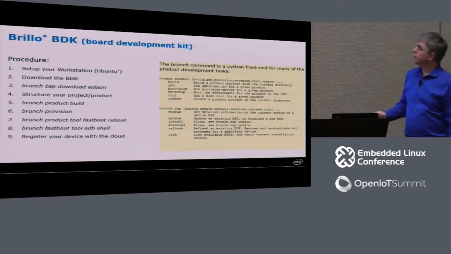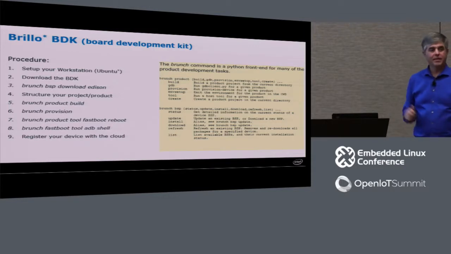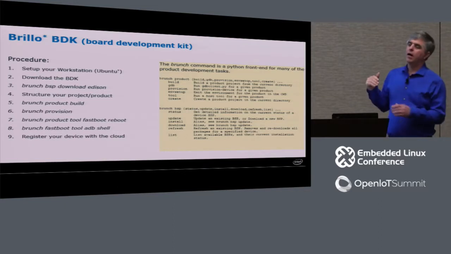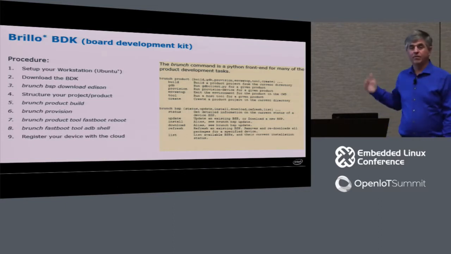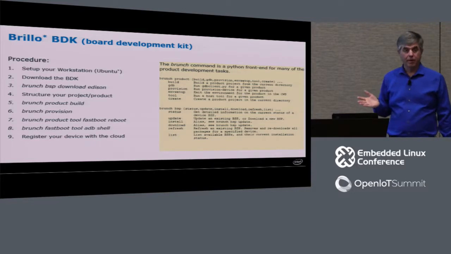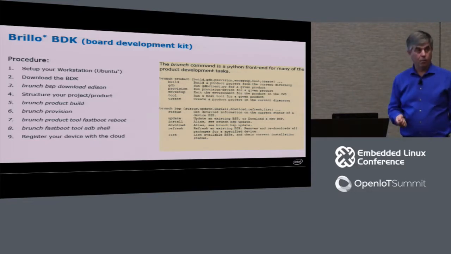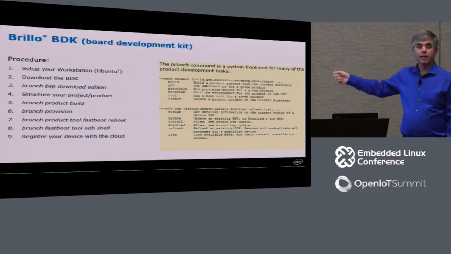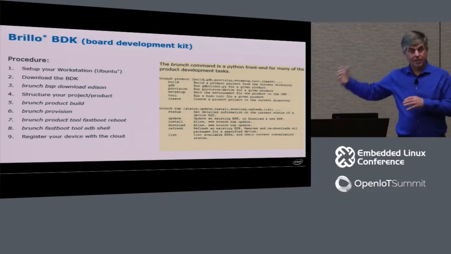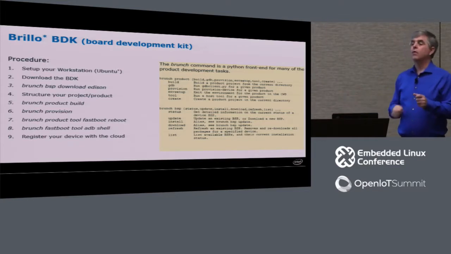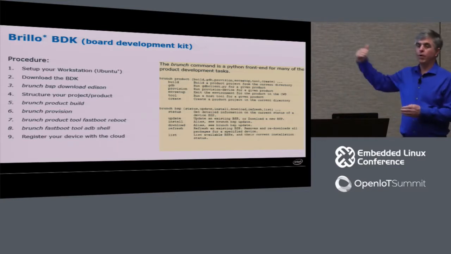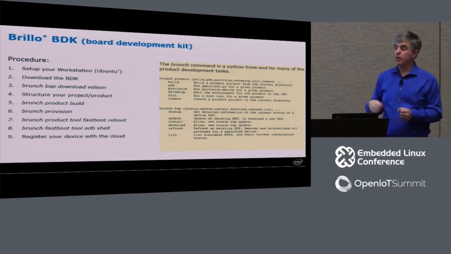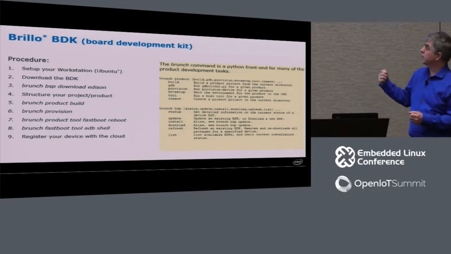I did mention the brunch command. It's very, very handy. It does a lot for you. And when you're making products, as opposed to just taking the BDK, the Brillo Development Kit, or the AOSP Master Branch, and just building and putting it on a board, which you certainly can do, you'll use the brunch command to create a new directory. It's actually outside of your source tree, and it will put in some symlinks in there to point to the BDK that you had downloaded or that you had used the repo command to suck in.